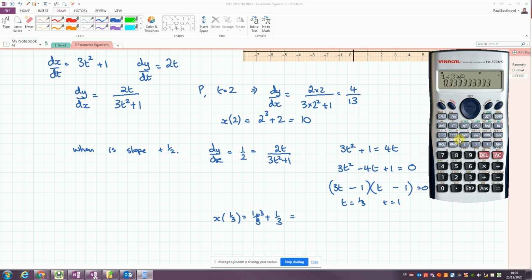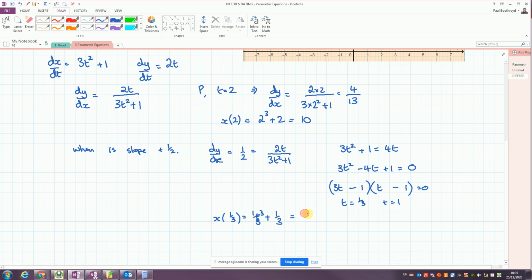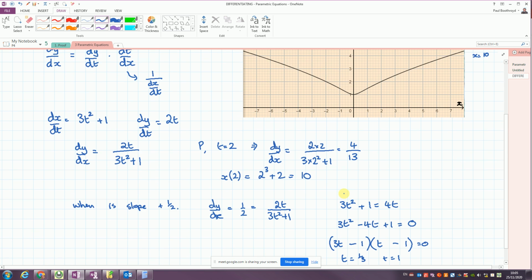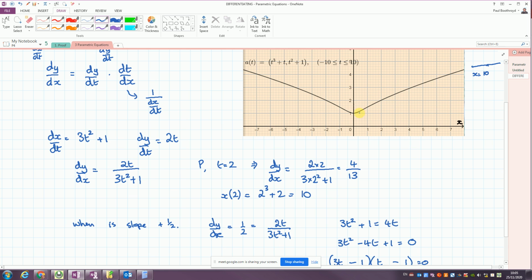So we do alpha A cubed plus alpha A, and we get 10/27. So that's just under 0.4.